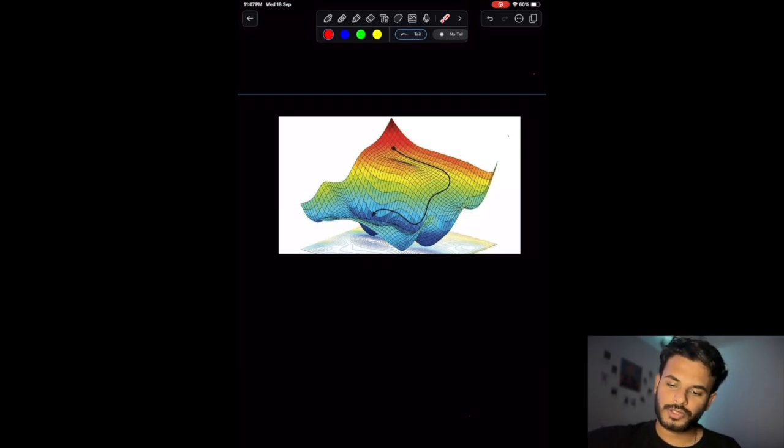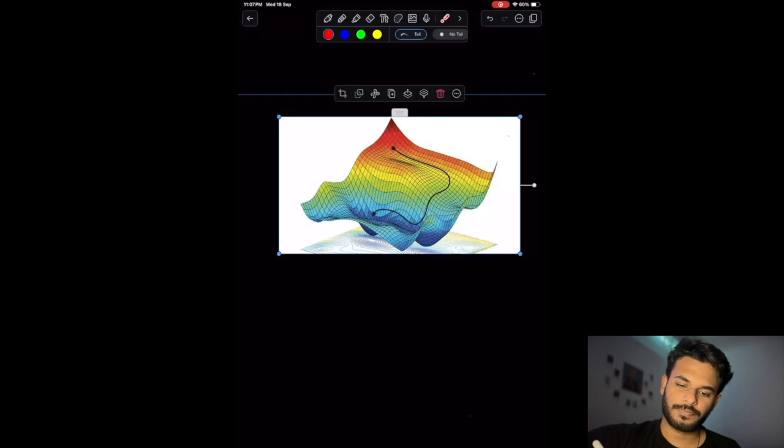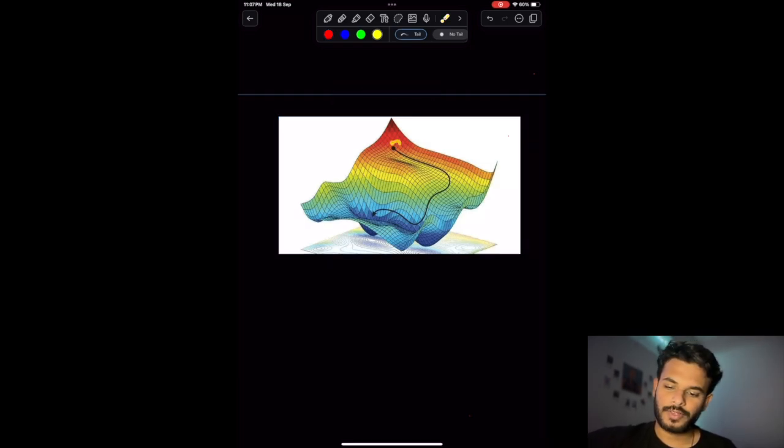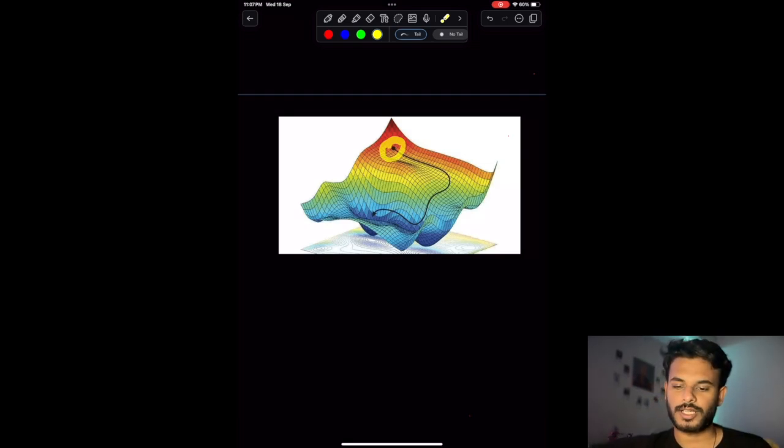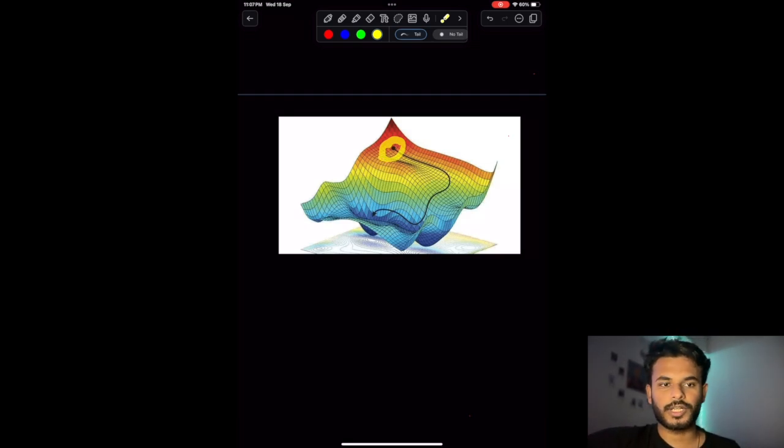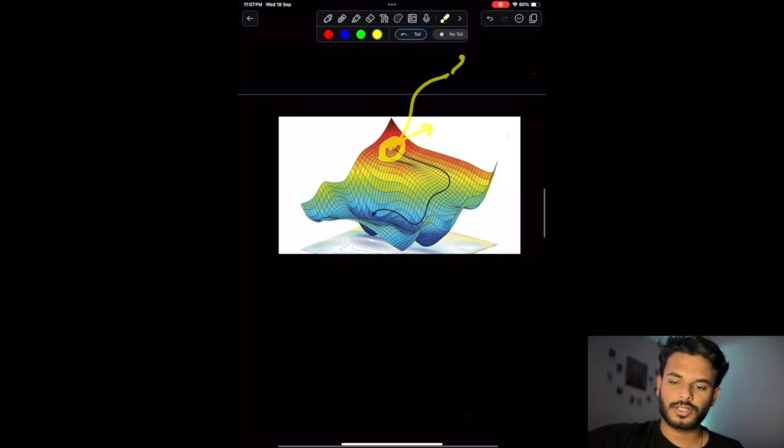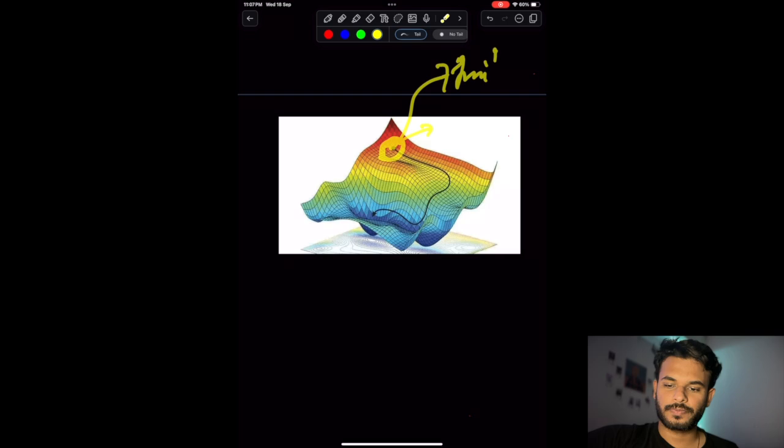So you are sitting at a point here, where we have initialized our weight matrices with some random values, and corresponding to those weights, this is our initial loss.